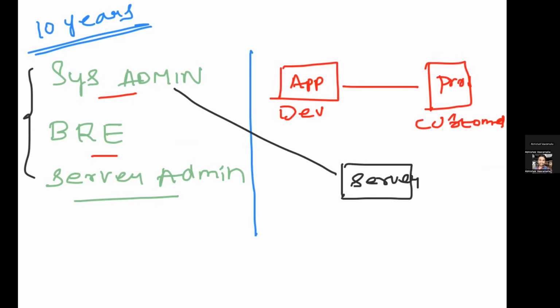Because you cannot test the application on your personal laptop, right? In an organization, you might say, okay, my application is working perfectly on my laptop. Nobody is going to listen, or nobody is going to trust. So end of the day, you have to test it on a server. The system administrator used to create a server. It can be any platform, right? Before 10 years, typically cloud platforms like AWS, people were not using.